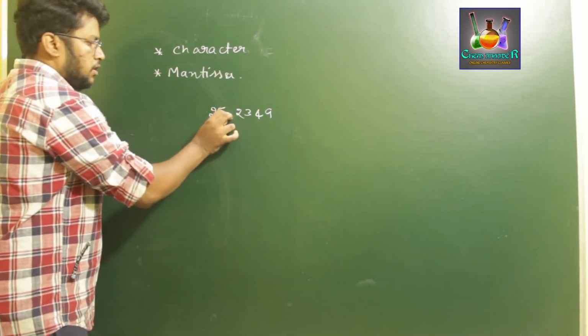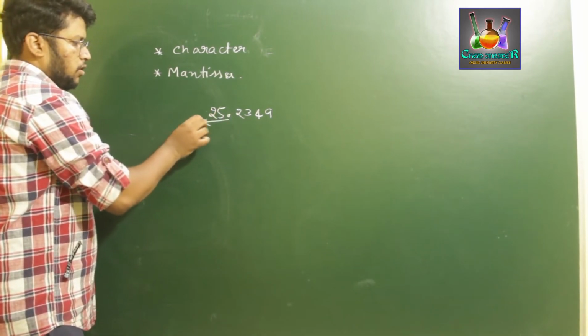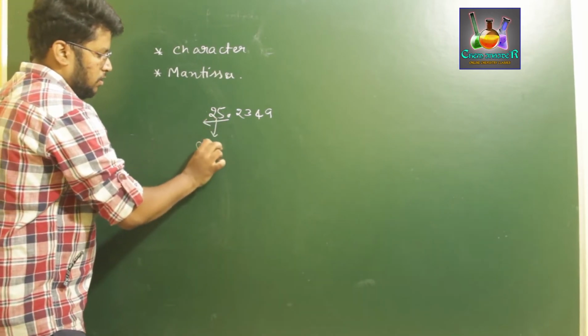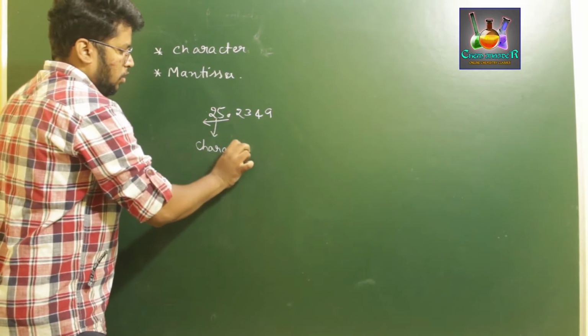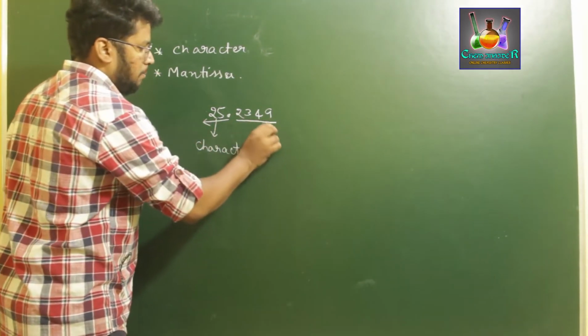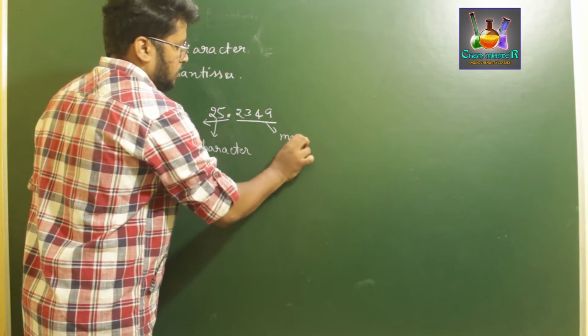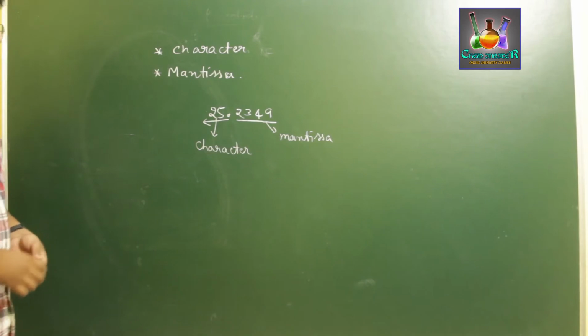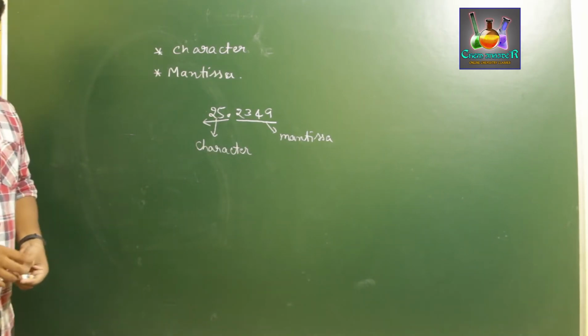In this, the number before the decimal, on the left of the decimal, is called the characteristic of the given logarithmic function, and the digits after the decimal are called the mantissa. So how do we find the characteristic and mantissa of a given logarithmic term?